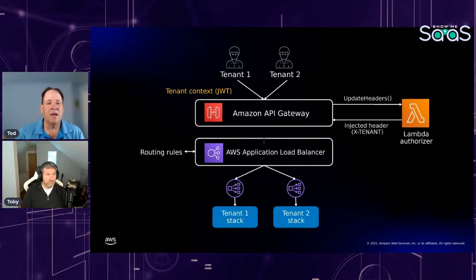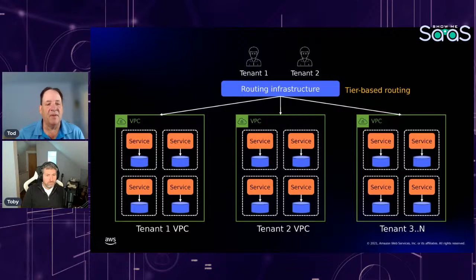That's cool. Now another variation of this is the tier-based approach. Most of what we've talked about so far implies that we get the tenant context, we know which tenant you are, and we're routing you. But there can be tier-driven models as well, or a combination of tier and tenant context might send you somewhere. You could be in the platinum tier, and then I need your tenant context to know which VPC to send you to.